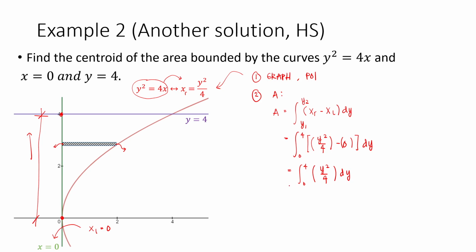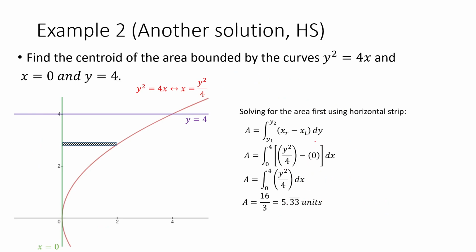Diba? It looks simple compared to your vertical strip. So this will give you the same answer, 16 over 3, or equal to 5.33 square units. Okay, so this is the solution.